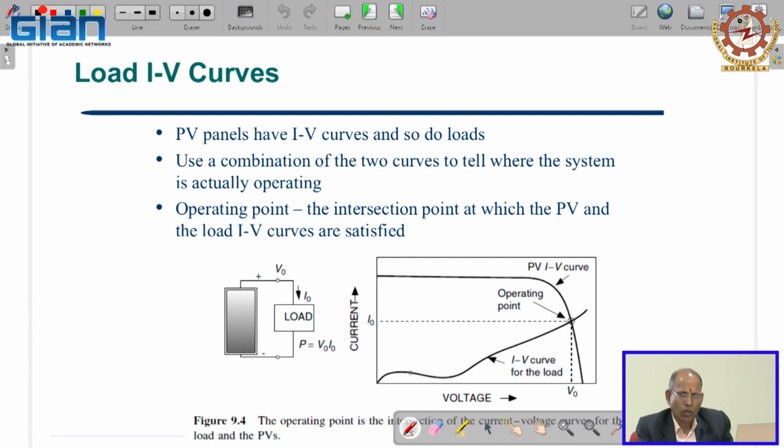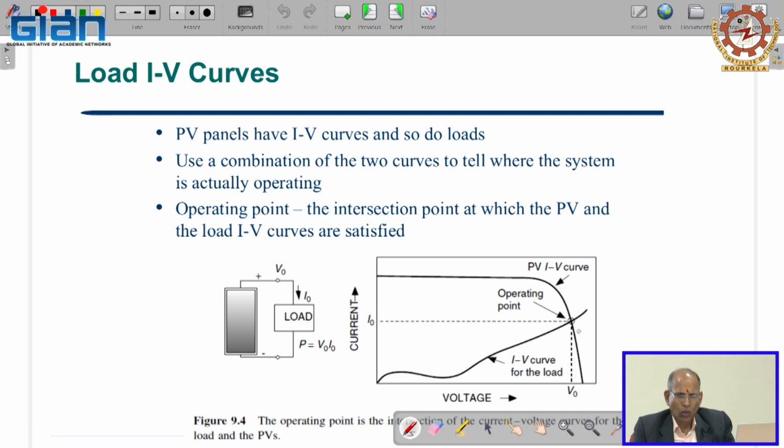Say this is your load curve, and the photovoltaic IV curve will cross each other. That is the operating point.